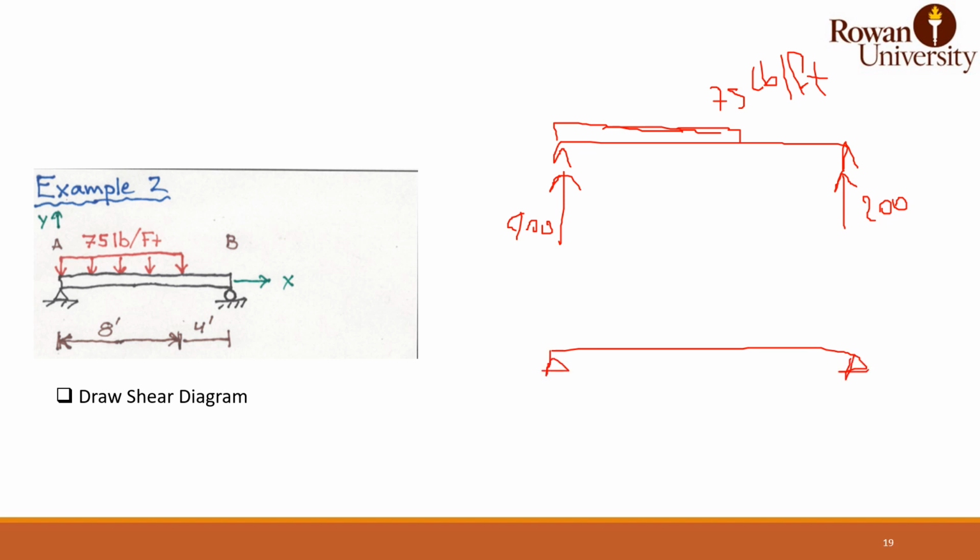Every time you have a load going up, you will go up 400. Then, since you have 75 pounds per foot and a distance of 8, that means every foot you have to drop 75 pounds. So for the first foot you drop 75 pounds, going to 325. If you keep doing that, you will reach 200.